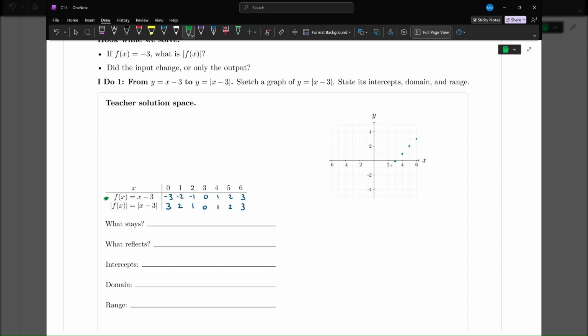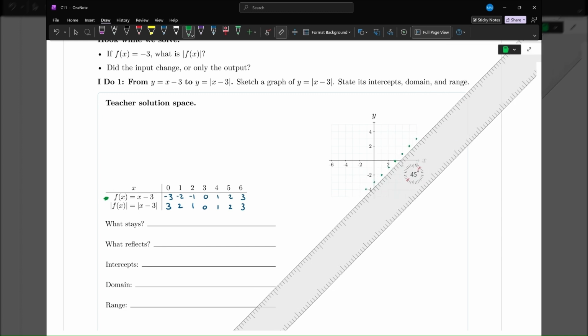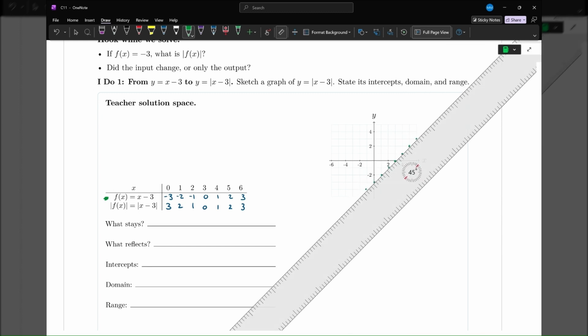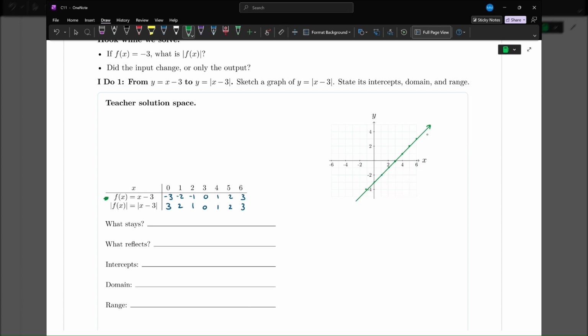So points like that and like that. And I can connect the dots like so. And this gives me f of x equals x minus 3. So again, recognizing that internal structure, that's just a line, which we've seen in Math 10.